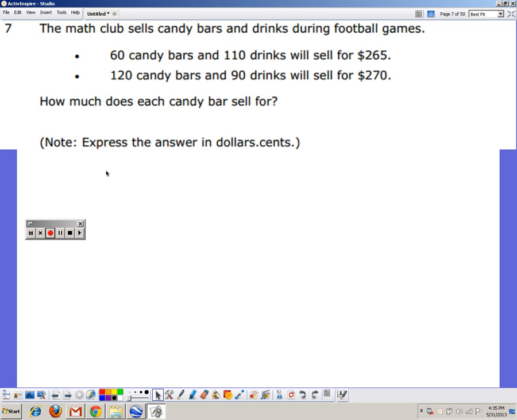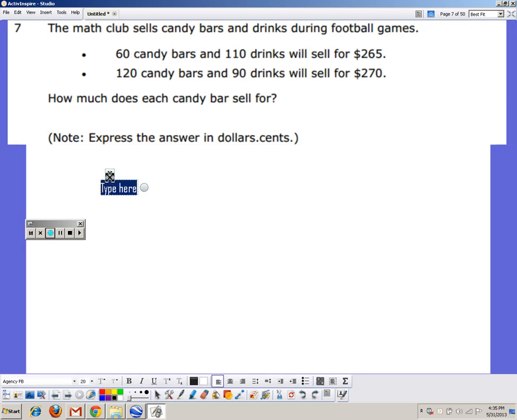So in this problem, I'm going to let y equal my candy bars and x is going to equal my drinks. Since I have two unknowns, that should be your clue that you have a system here.